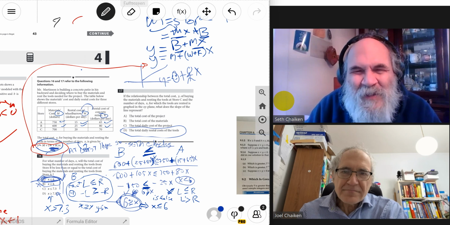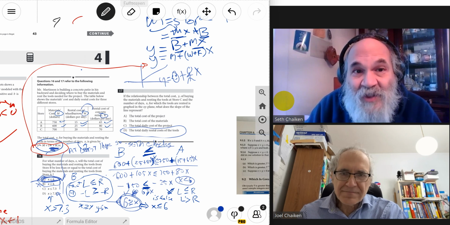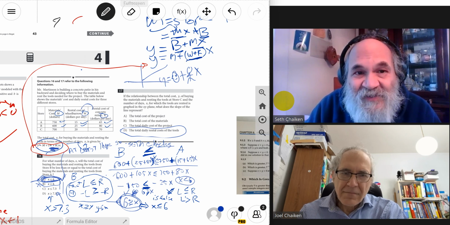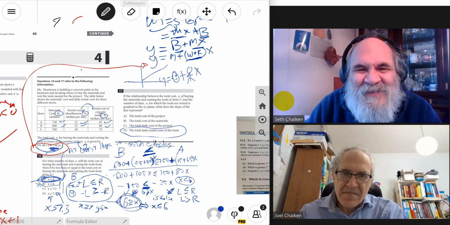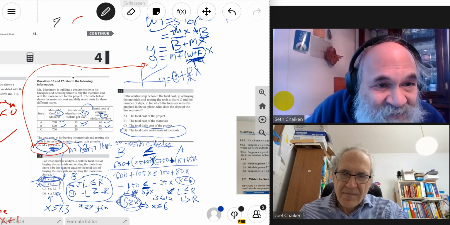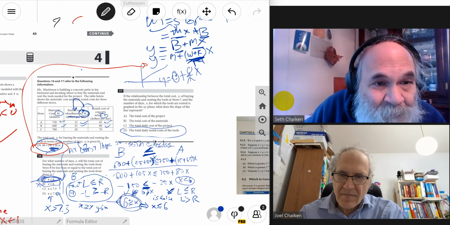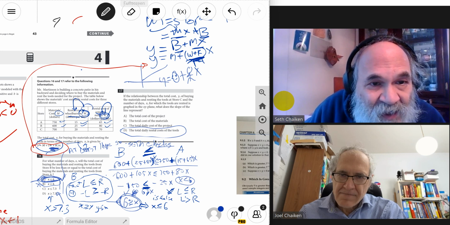Okay. So notice, the slope is what's multiplying x. What's multiplying x is W plus K, and the problem says W is the rental cost of the wheelbarrow, K is the rental cost of the mixer.